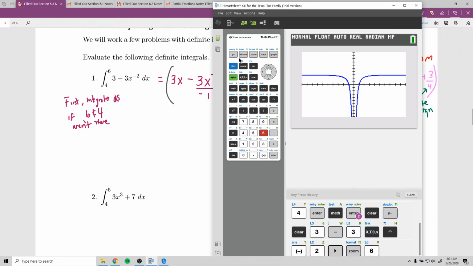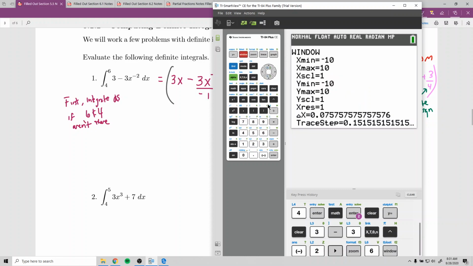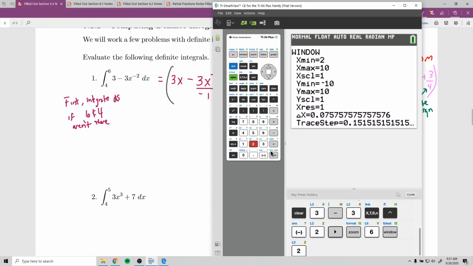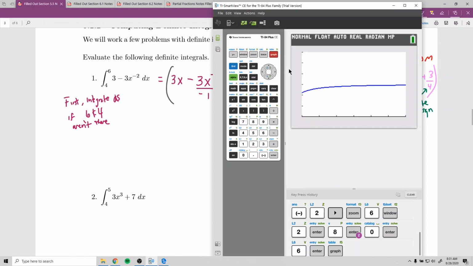Since I can see the picture nice, I'm just going to adjust the window. So let's say from 2 to 8 instead of -10 to 10, and the y was between like 0 and 5, so let's do 0 to 6. Right, now I can't draw on the calculator, but I started it at 2, so 2, 3, 4 is about right here, over to 6 is here.